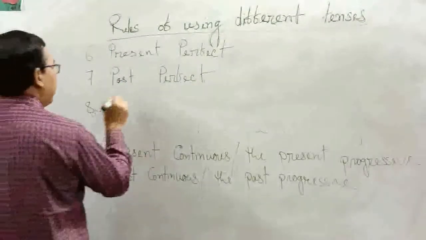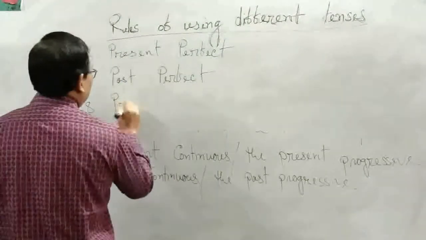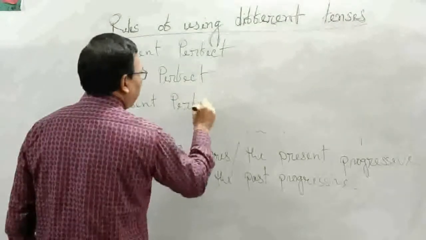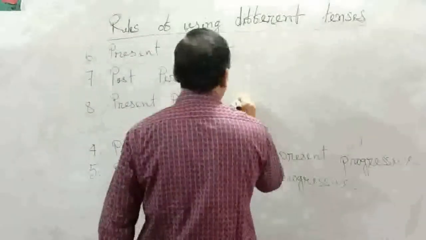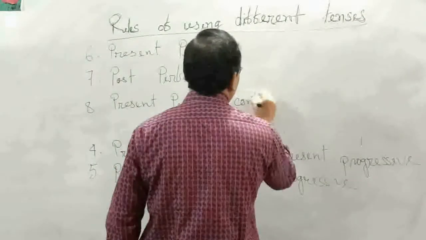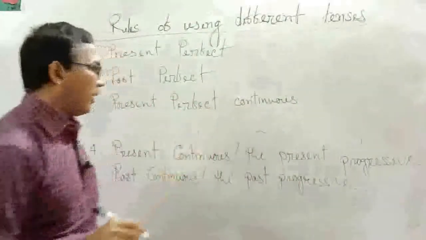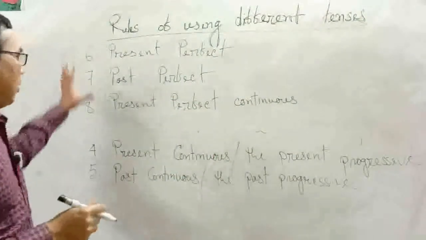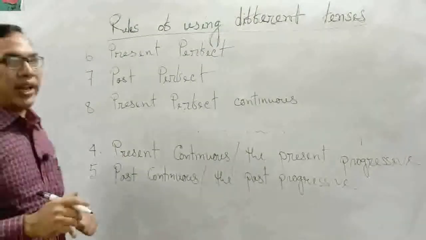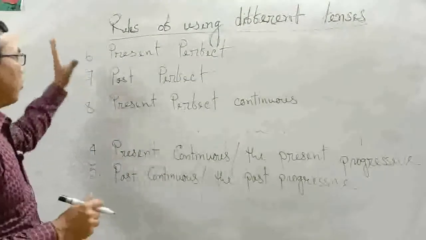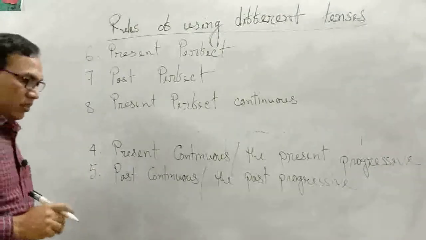And number 8, present perfect continuous or the present perfect progressive. These 8 tenses are frequently used, and today I will focus on the rules of using these 8 tenses.